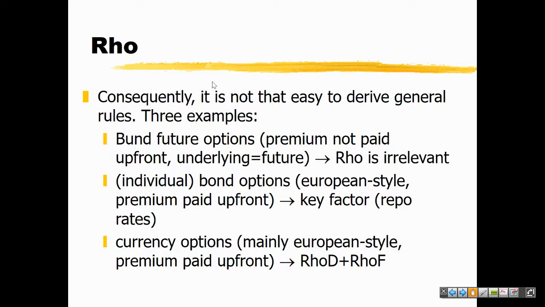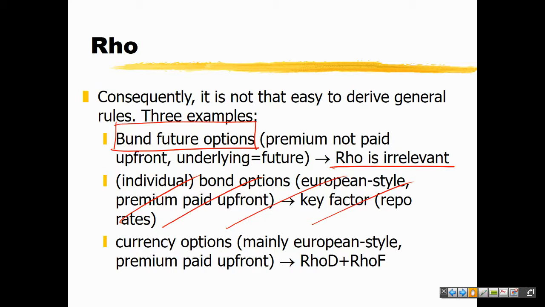So forgetting for simplicity the intermediate cases, which don't really matter, just consider 2 extreme cases. The first one is the one we already mentioned of Bund future options, where the premium is not paid upfront, it is paid at maturity, and the underlying is directly a future, and here Rho is completely irrelevant.